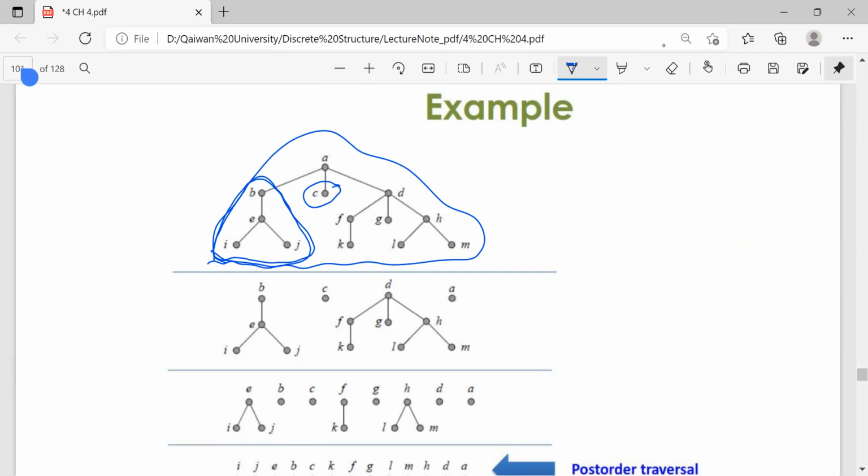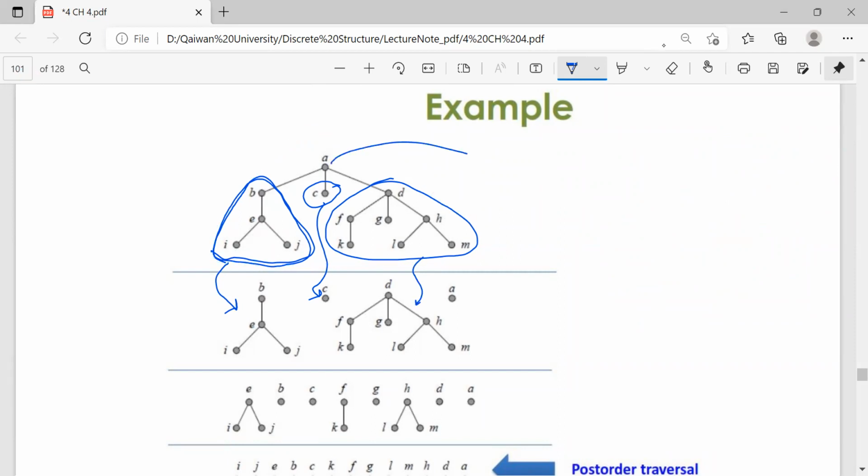Here we write down the most left subtree, then the second subtree, which is only C, and then the right subtree, which is this one. And finally, we write down the root. The root is A here. It's the most top one.